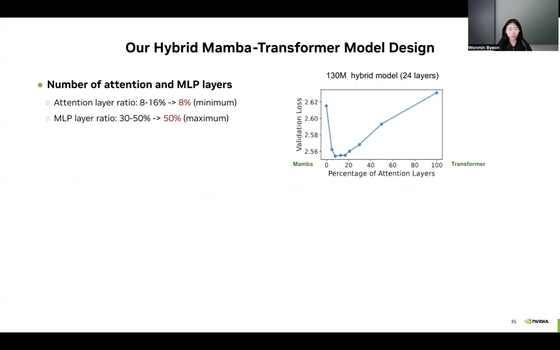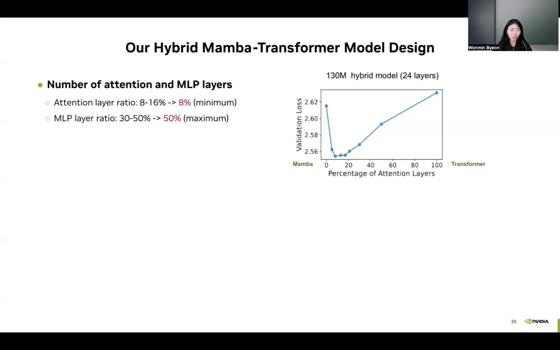And the attention, we know that it's especially good for certain tasks, and it has this direct access to the tokens, which is a very good capability that Mamba models don't have. So I think that's why even adding very few attentions already helps.